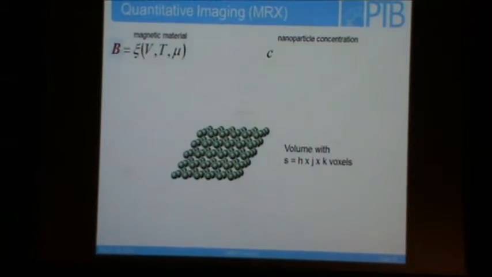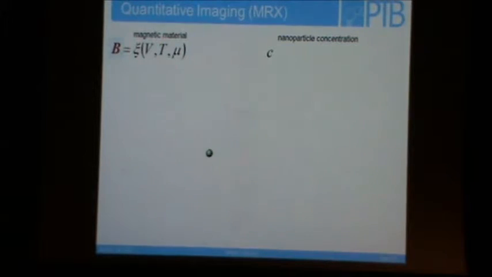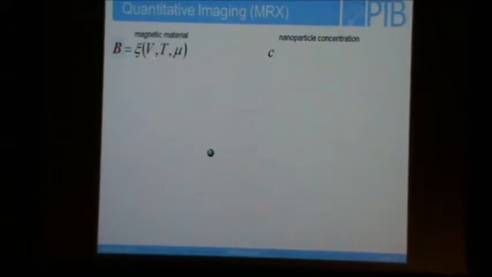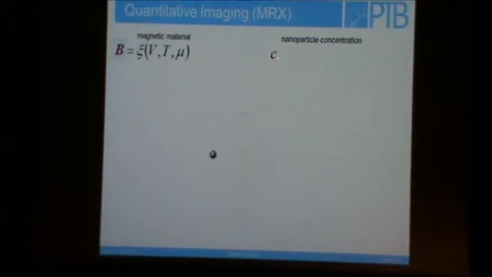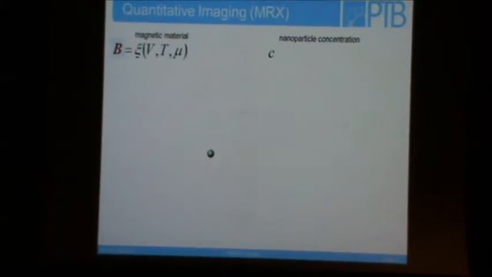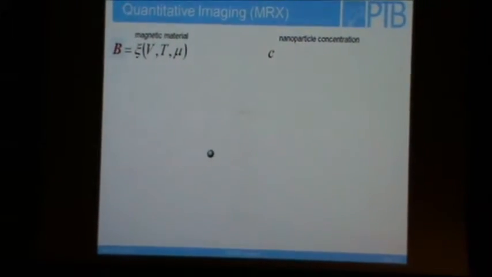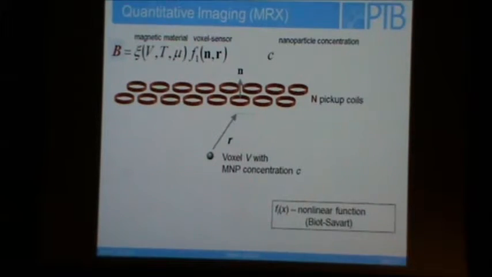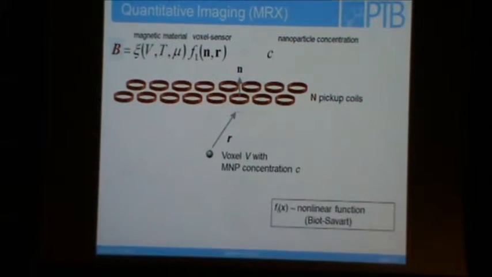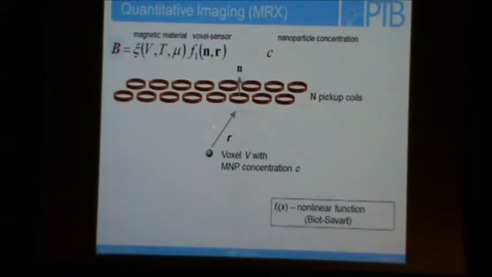And for a single voxel, the signal that we observe in magnetic relaxation is somehow proportional to the concentration of the particles in this voxel, and of course to the magnetic properties of this distribution of particles. And now we have an array of very sensitive sensors of a magnetic field which have different locations, and so they generate a field that can be calculated and measured by simple physics of magnetism.